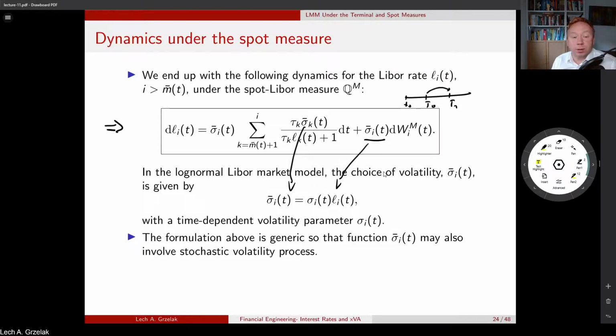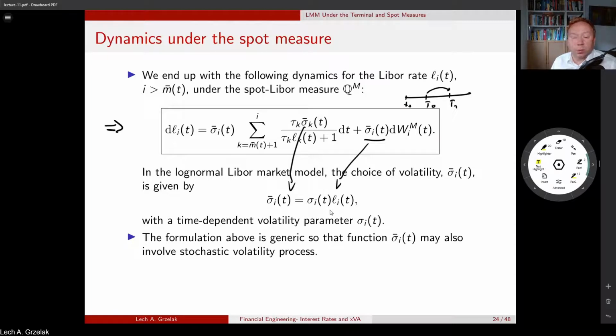And it is not so simple to implement because the drift involves many Libors. If you have 20, 30 Libors in your grid, this means you have 30 elements in your summation. So it is a high dimensional problem. However, this is the problem solver if we have advanced, complicated, exotic products in the interest rate world.